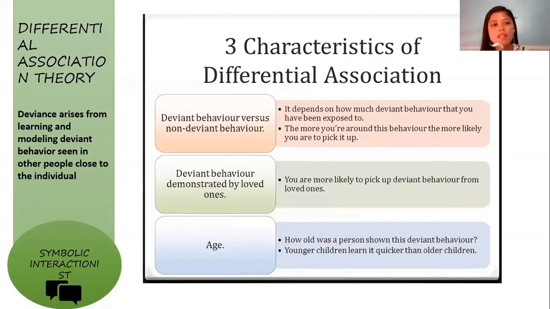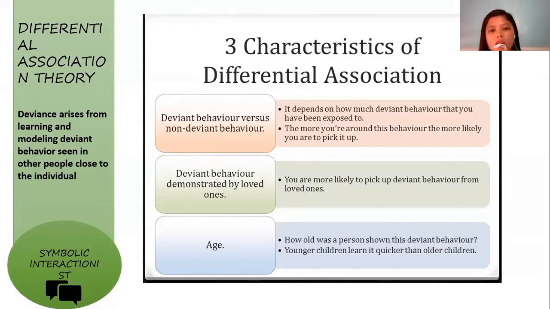Next we have differential association theory that is proposed by Edwin Sutherland. In differential association, deviance arises from learning and modeling deviant behavior seen in other people close to the individual. The development of deviance comes from the association of a certain person in a given group or society.